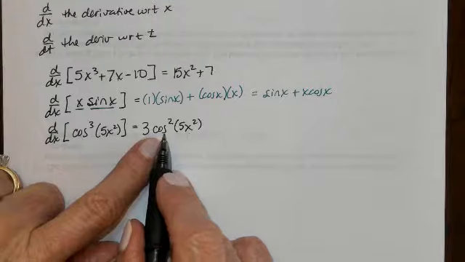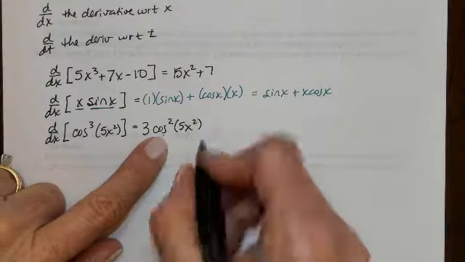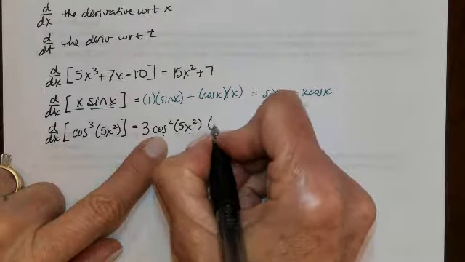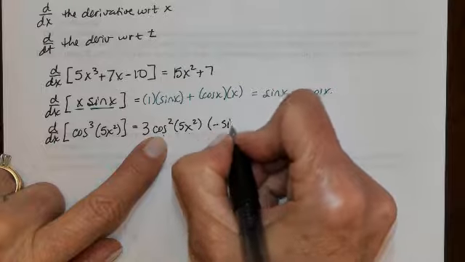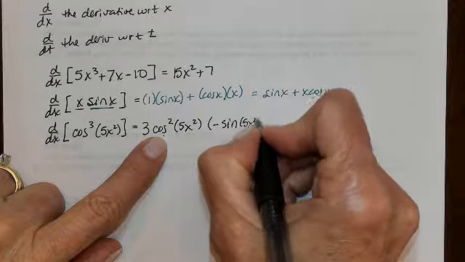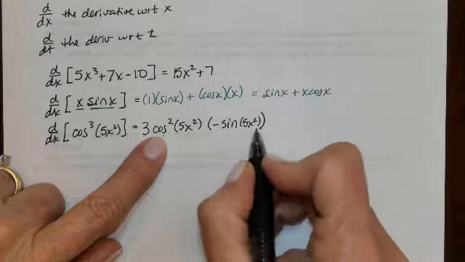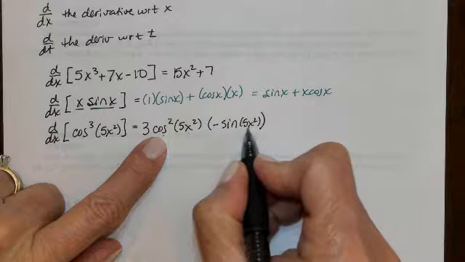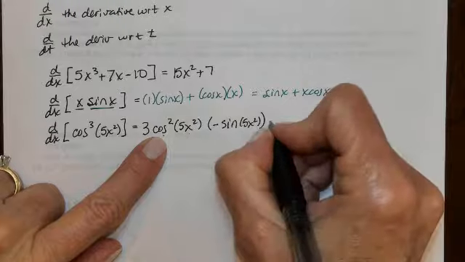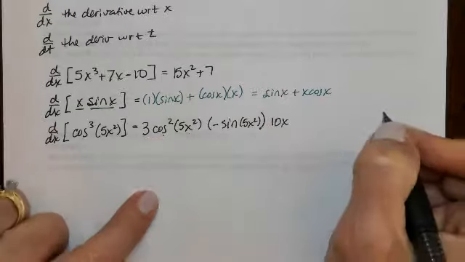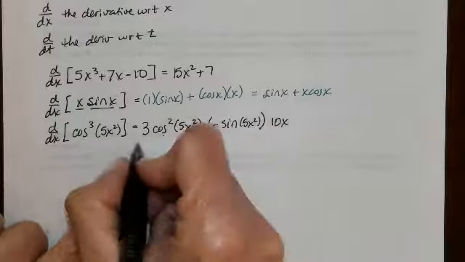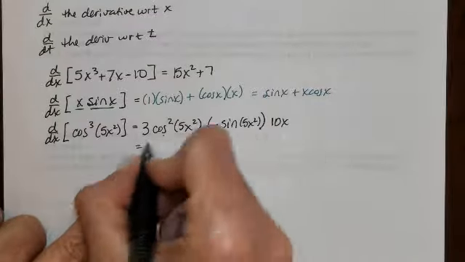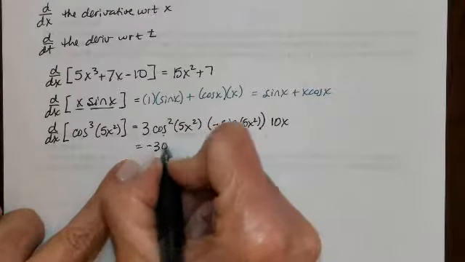Well, the derivative of cosine of 5x squared is negative sine of 5x squared. And then lastly, we need the derivative of the inside, this 5x squared, so times 10x. So simplifying this a little bit, this would be negative 30x.